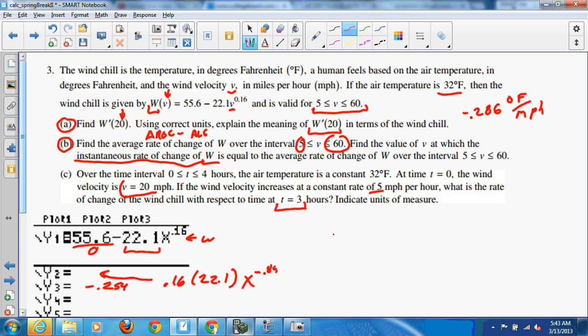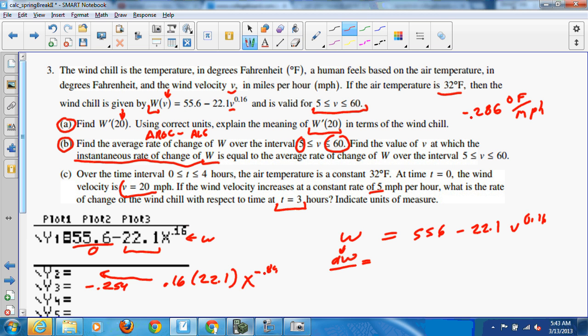So we have that the wind chill is equal to this function over here. And if we take the derivative of this, this is what we're looking for, right?